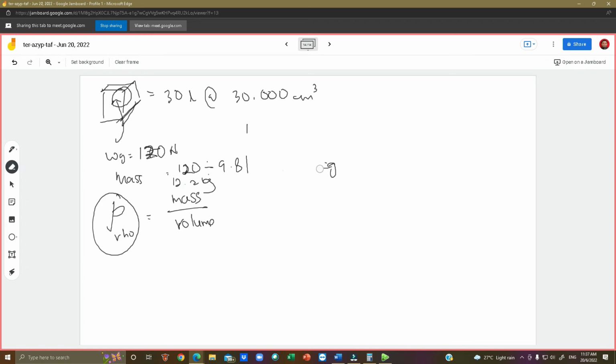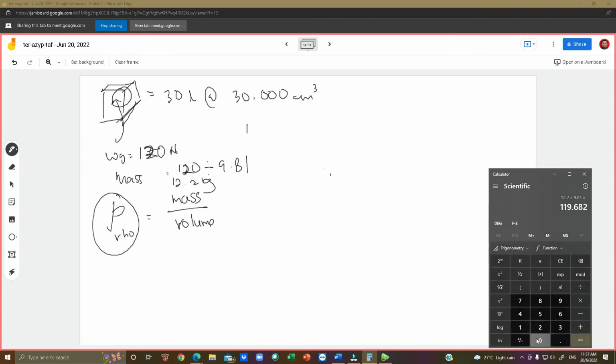Now the volume is 30,000 centimeter cubed. Katalah kita tukar yang pertama kg kepada meter. So 30,000 divided by 1,000, we have 30 meter cubed. 1 meter is 100.